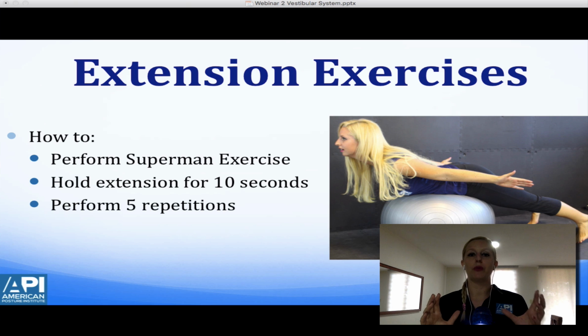Again, we talked about that when we talked about the eye spine vestibular model of postural correction within postural neurology, then that vestibular component is for better balance and equilibrium and upright postural extension. So utilizing these exercises is going to be so important for your patients to get those long-term neuroplastic changes of the posture system.